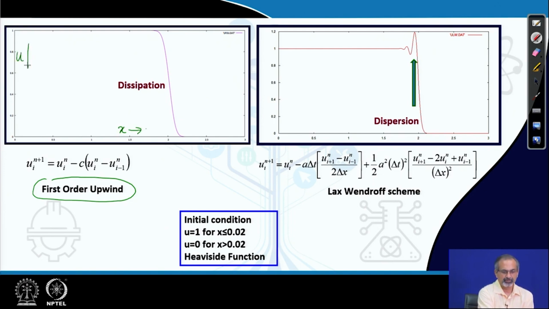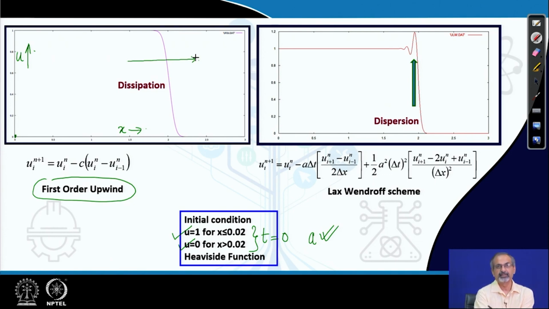This is the value of the dependent variable u, and u is equal to 1 for x less than or equal to 0.02, which is close to this origin, and u is equal to 0 for x greater than 0.02. This is defined at t equal to 0, and then the wave is allowed to propagate through the domain with a certain value of a. A has been defined already. So, with that the wave is propagating.